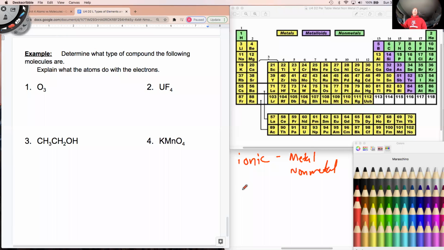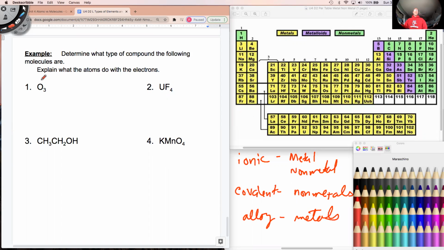Is it going to be a covalent compound, which is made up of all non-metals, which would be all green? Or would it be an alloy, which is just made up of metals? So let's take a look.